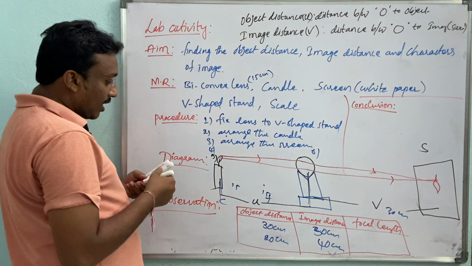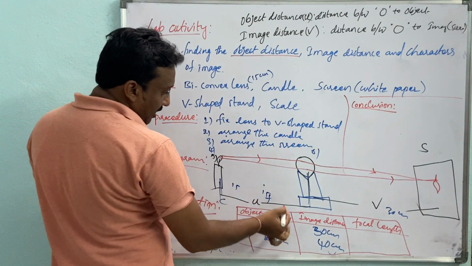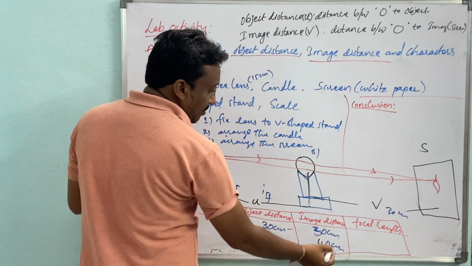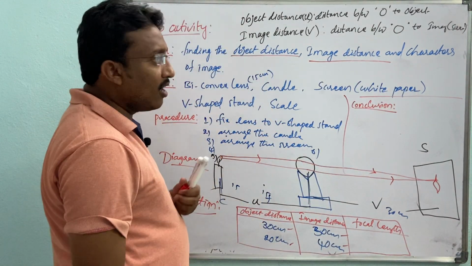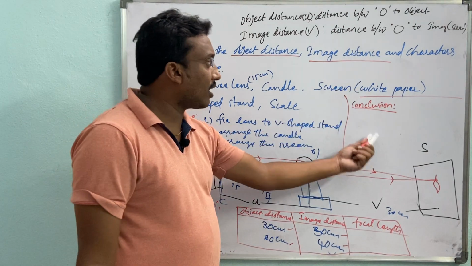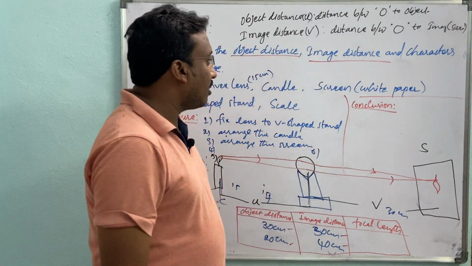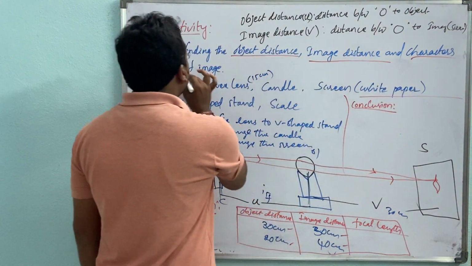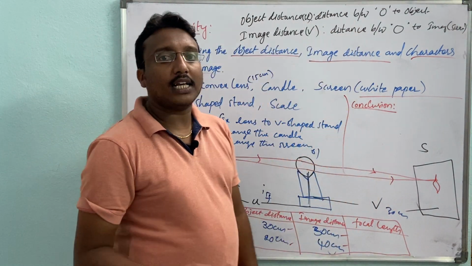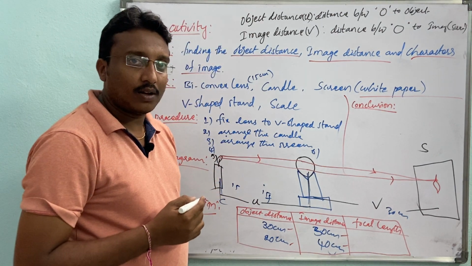What is our aim here? We have to find the object distance. We have measured the object distances, and we found out the image distances, right? Along with object distance, image distance is changing. And one more characteristic of the image: it is giving real images as well as virtual images. That is our conclusion. Got it?